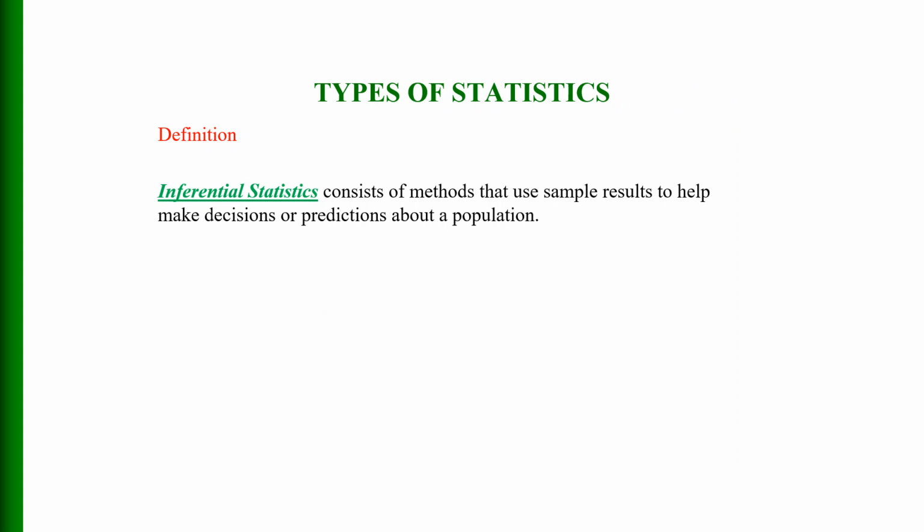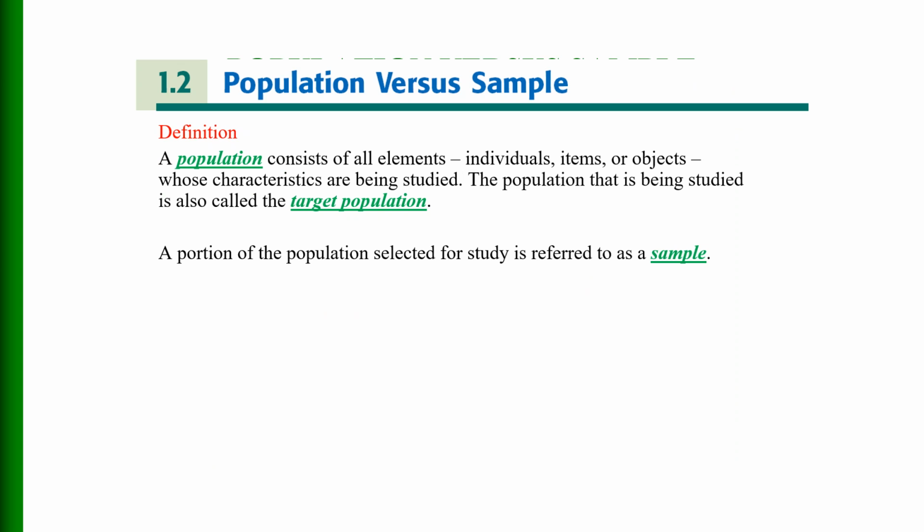Another type of statistics is inferential statistics. Inferential statistics consist of methods which use sample results to help make decisions or predictions about a population. There is a difference between population and sample. A population consists of all elements, that is, individuals, items, or objects whose characteristics are being studied.